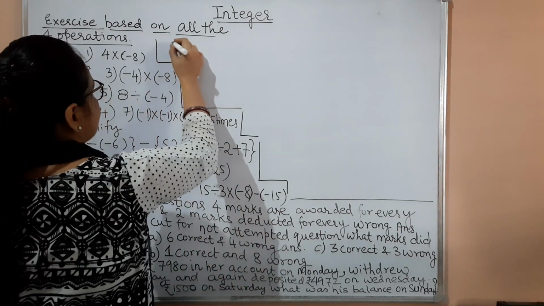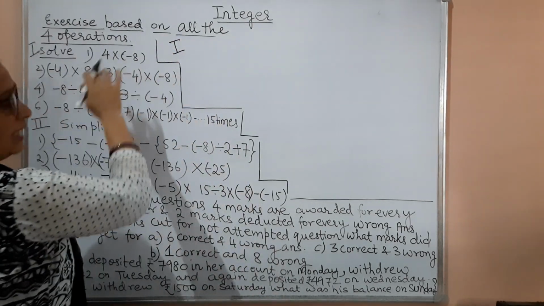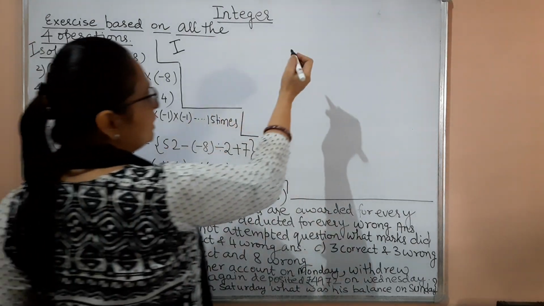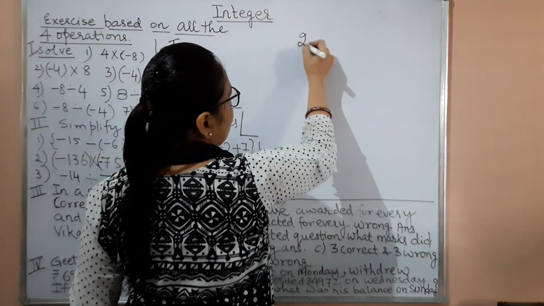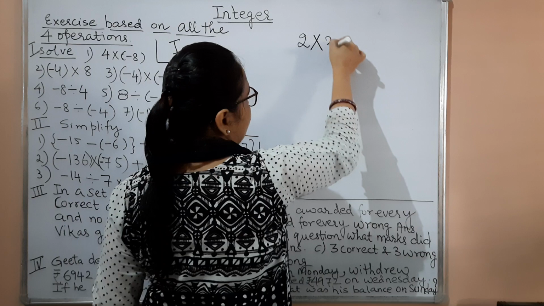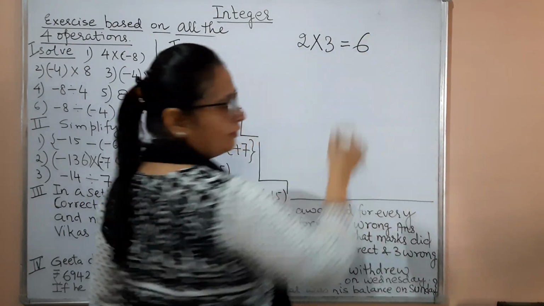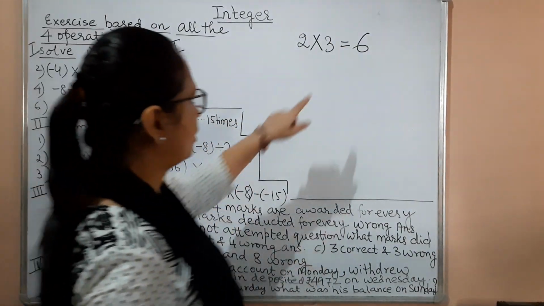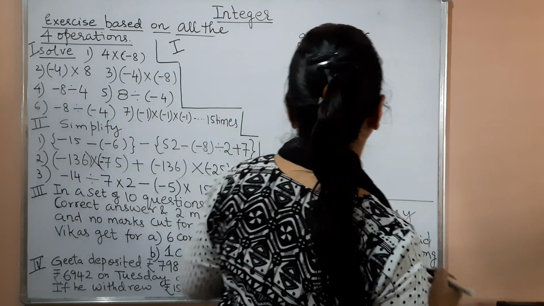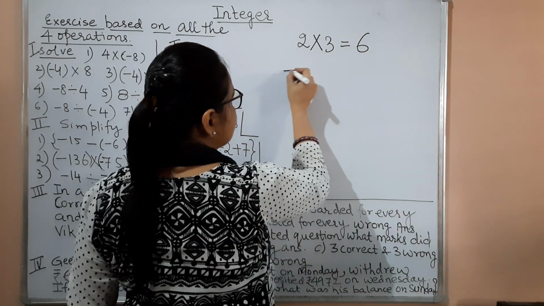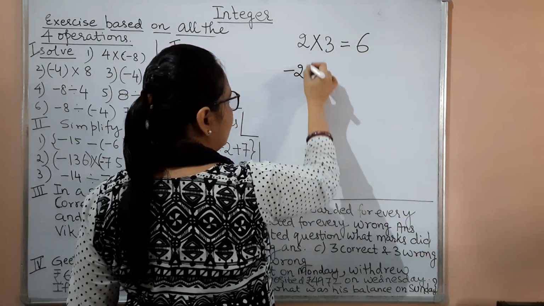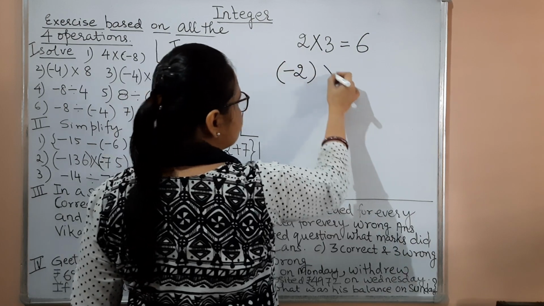Now our first question is asking you to multiply two numbers. Before that, let us learn. We all know that 2 into 3 is 6. We have been studying this from class 1. Now we know about integers also.